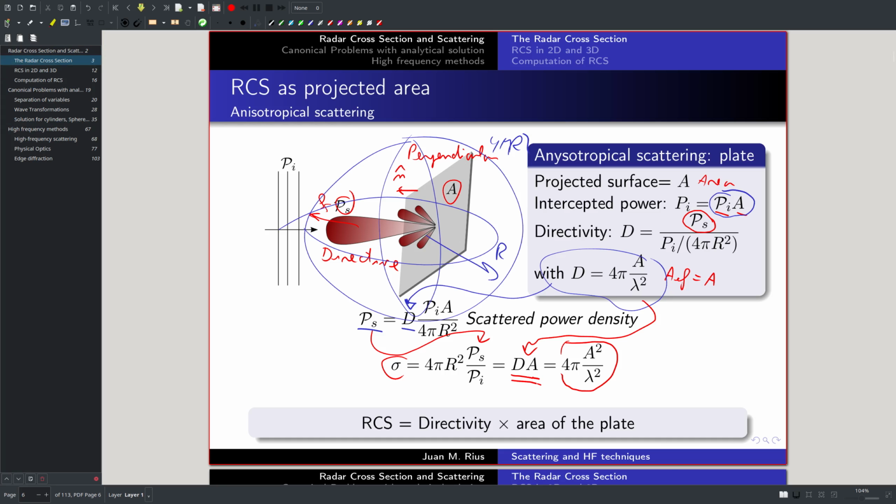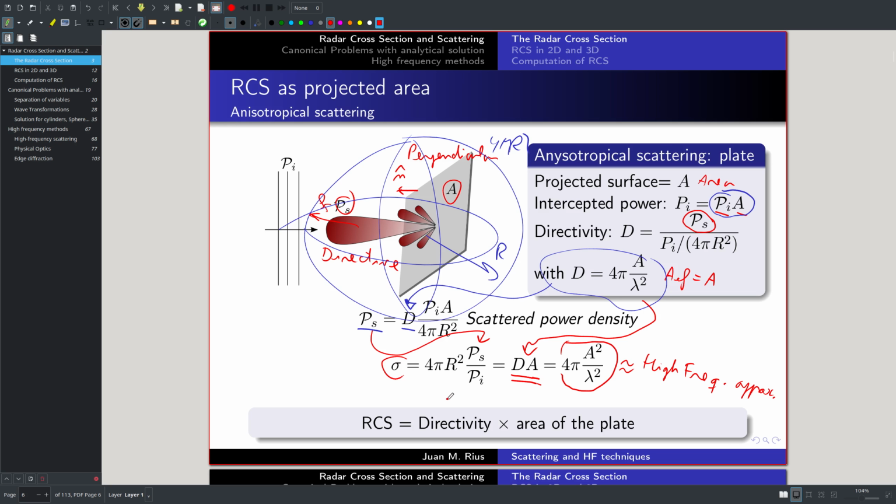And this is approximately the same that we get using high frequency approximations in the latter part of this chapter. We will obtain the same formula using the physical optics approximation.